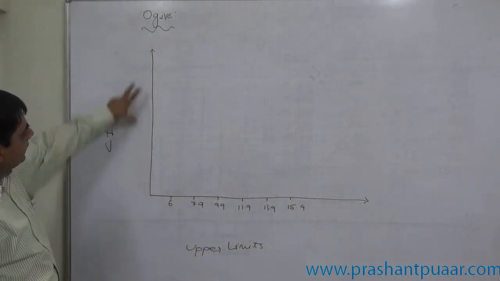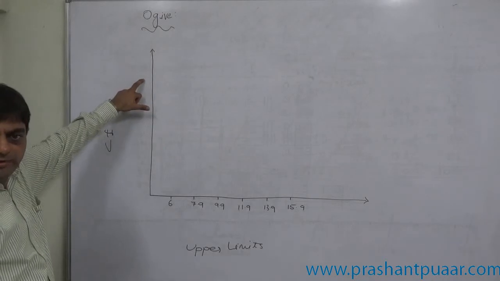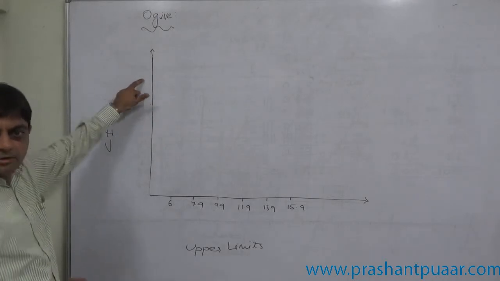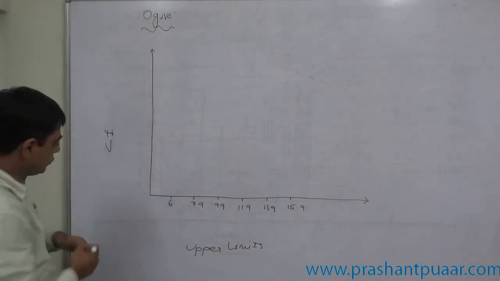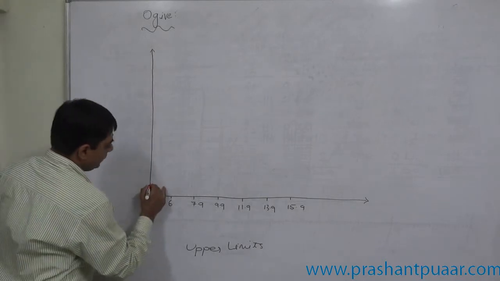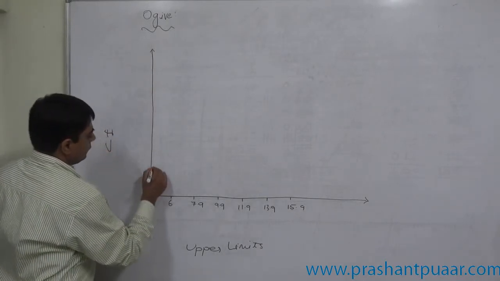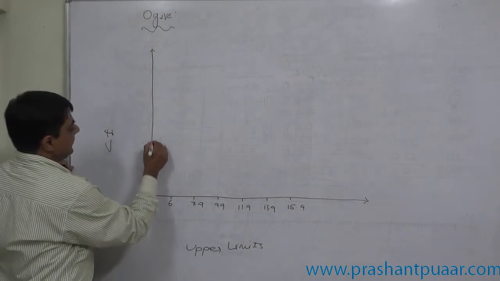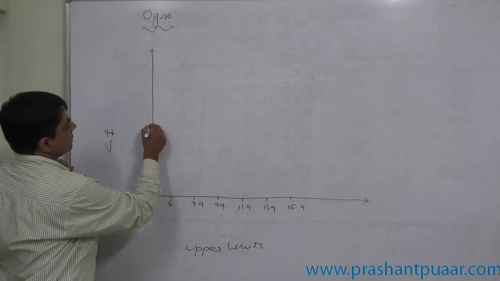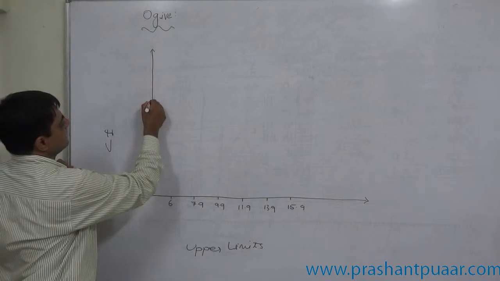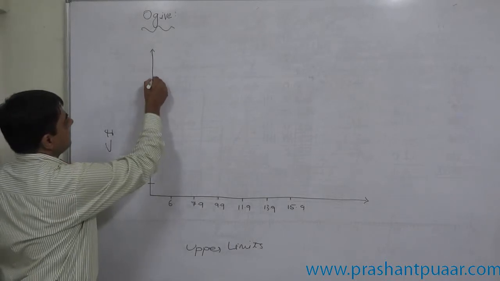Now the last cumulative frequency is 20, so we will go up to 20. We can use scale of 1 or 2. Here we are going to use scale of 2, 4, 6, 8, 10, 12, 14, 16, 18 and 20.